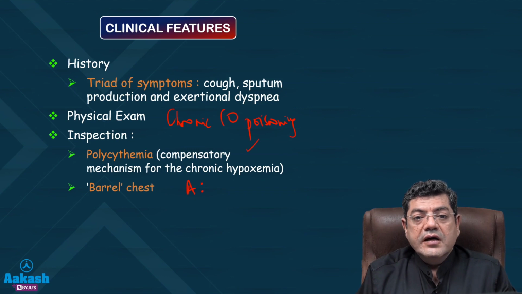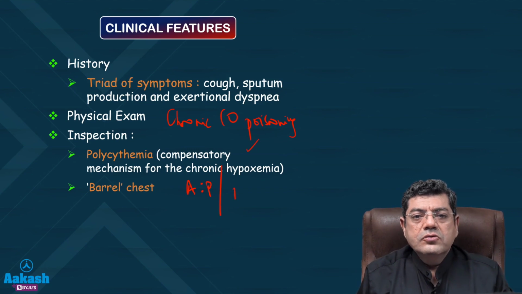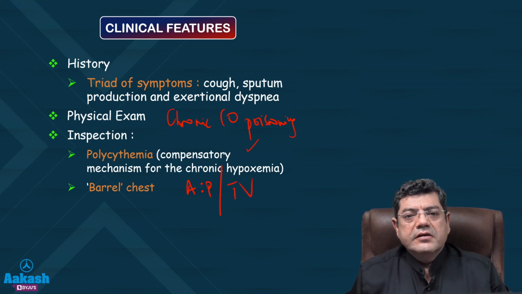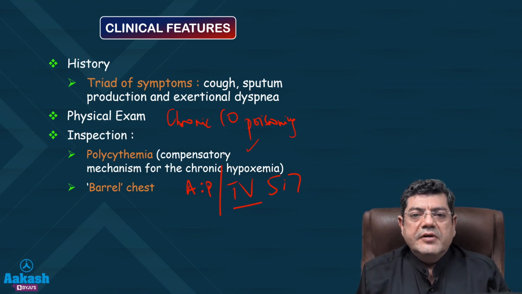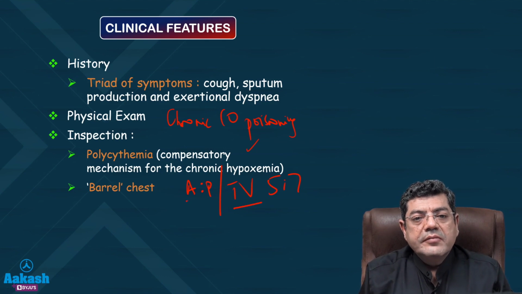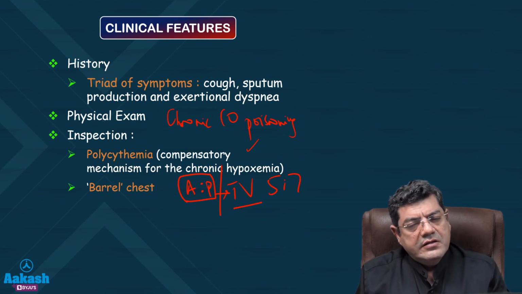Normally, the anteroposterior diameter to transverse diameter ratio is 5:7. The transverse diameter is more than the anteroposterior diameter. When the anteroposterior diameter starts to increase, the transverse diameter becomes almost as much. What is a barrel?